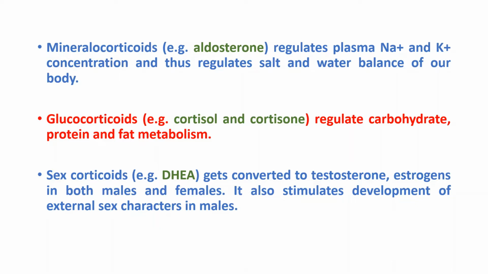Obviously, in males and females, the ratio of androgens or testosterone to estrogen will be different. In a female's body, estrogen will be more and in a male's body, testosterone will be more. But as they are producing sex hormones, obviously they will stimulate the development of external sex characteristics in the body.